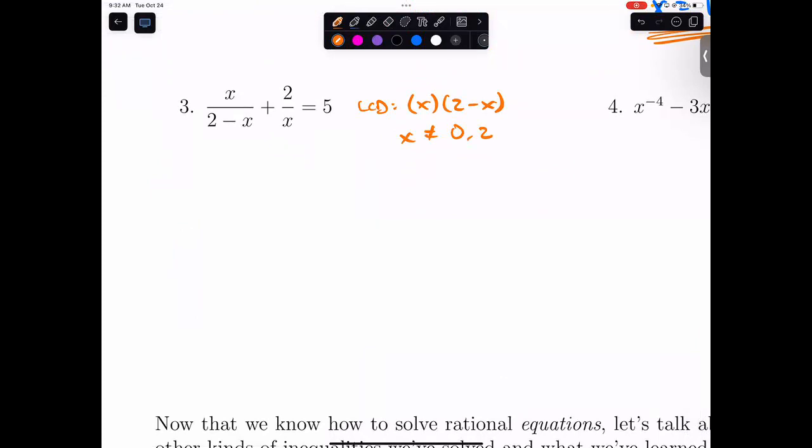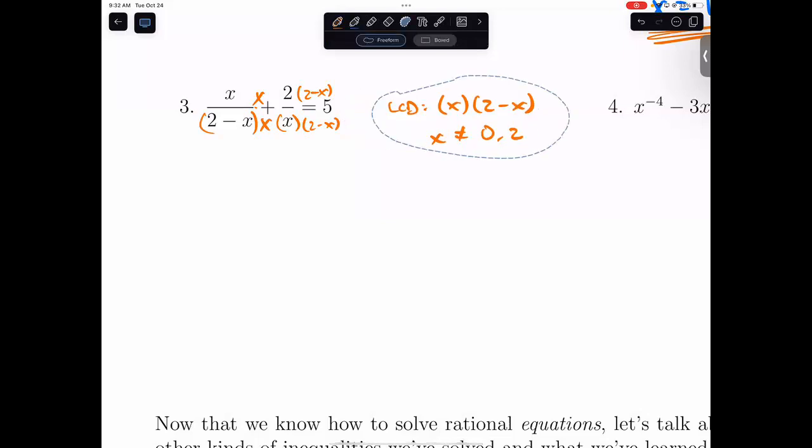Okay, and then when we rewrite these 3 terms, the first one's missing a factor of X. And the second one's missing 2 minus X. And the thing on the right-hand side, 5, it needs all of it.